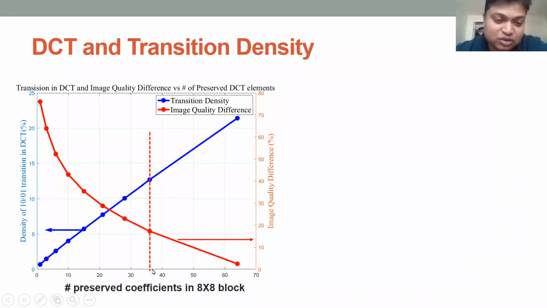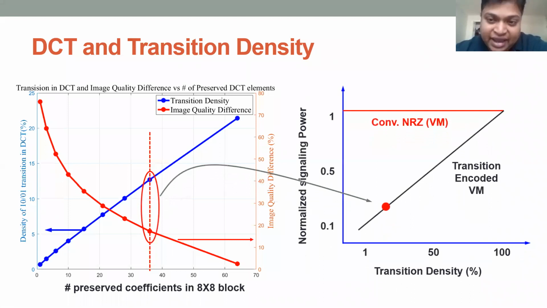I still have to retain about 36 elements in that 8x8 matrix, and that itself would reduce the transitions down to only 12%, right? And when I map it back to the signaling power, that allows me to go to somewhere close to 12%, but obviously there would be some overhead. But nevertheless, I'm not just at 50%. Now I am dropped here, where compared to the other signaling, I would be saving about 8x improvement.